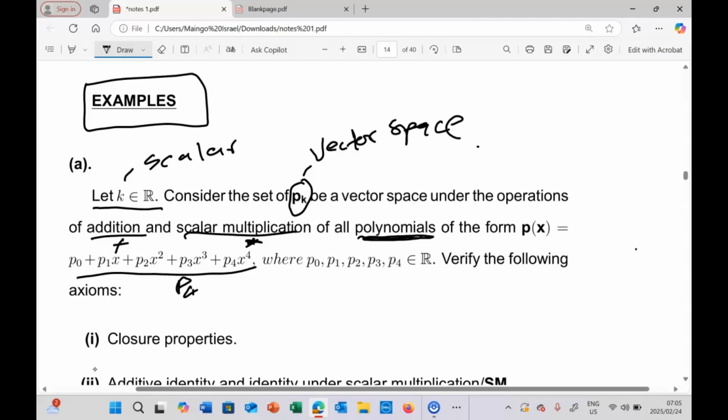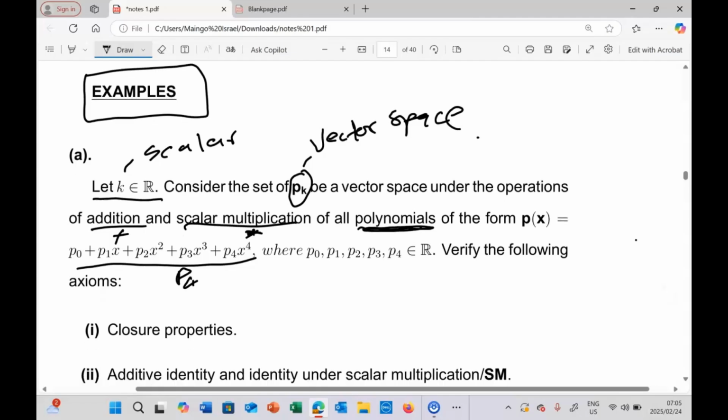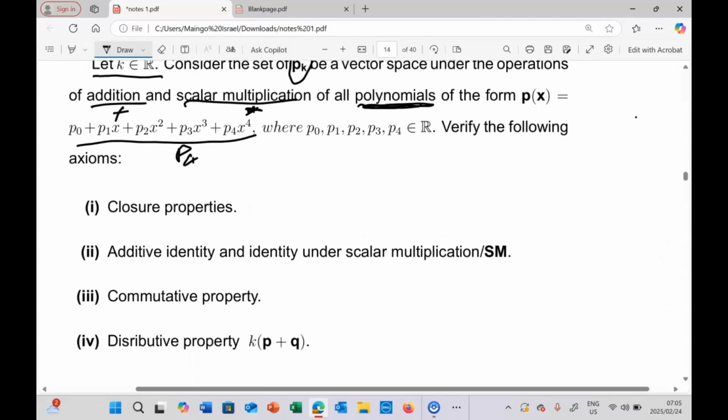So let's look at the question. They say verify the following axioms. This is a polynomial of the form P of x equals P0 plus P1x plus P2x squared plus P3x cubed plus P4x to the power 4, where the coefficients are real numbers.